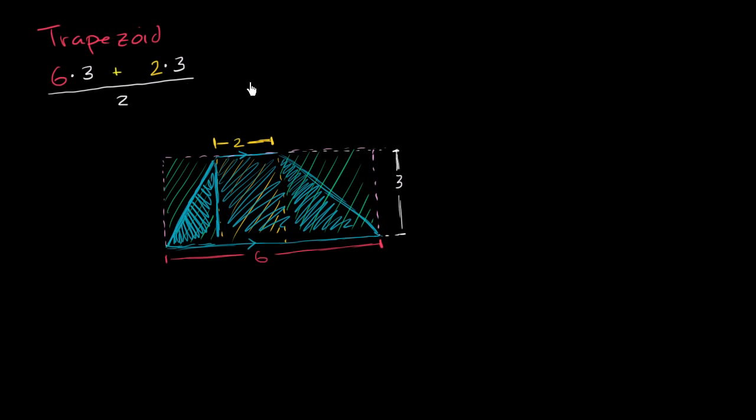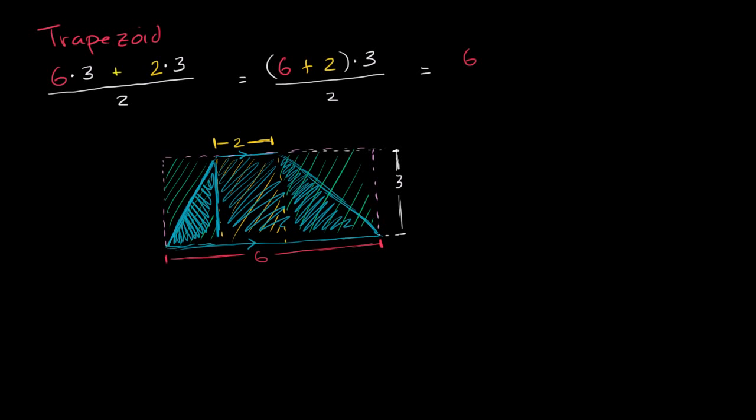Or you could also think of it as, this is the same thing as 6 plus 2, and I'm just factoring out a 3 here, 6 plus 2 times 3, and then all of that over 2.